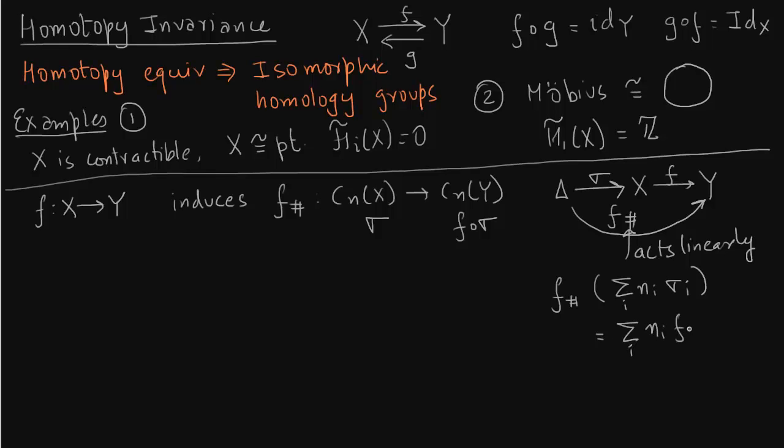Linearly means it jumps over the coefficients and comes directly inside. So again, what is f hash of sigma? Nothing but this: f naught sigma_i. That is it. Now why is this important? This we are going to use in, let us draw this important map which we will get.